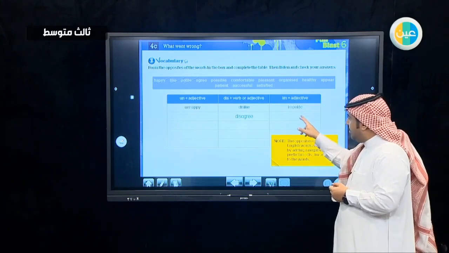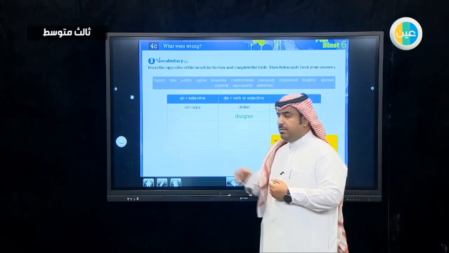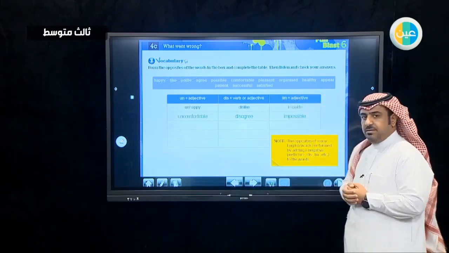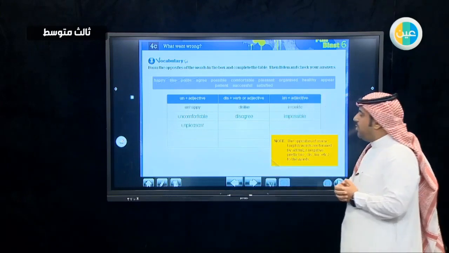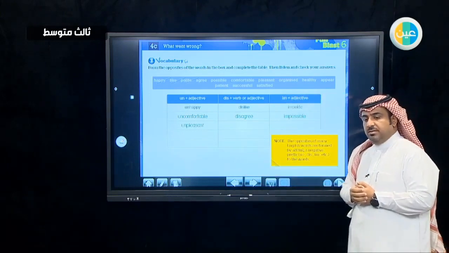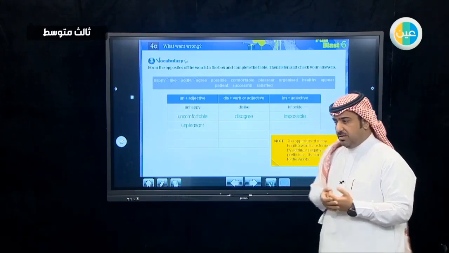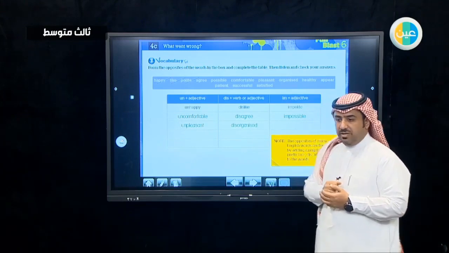You are right, impossible. What about comfortable? Uncomfortable. What about pleasant? Unpleasant. What about organized? If something is arranged in a good way, it is organized. Or the opposite is disorganized.